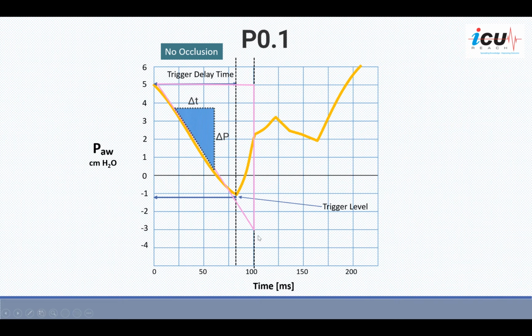That pressure would be at that point minus 3 centimeter plus 5 centimeter, that would be minus 8 centimeter of water. So it's an extrapolation based on part of that initial drop in the pressure.